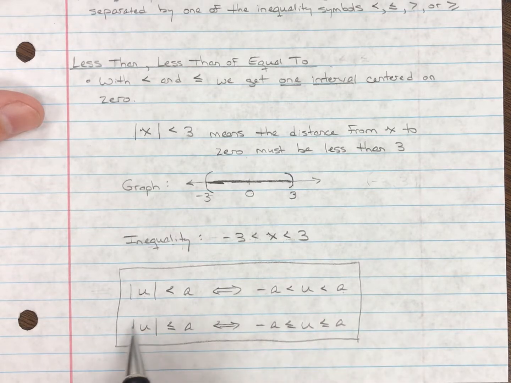And you do this very similarly when you say the absolute value of the x expression is less than or equal to a. This translates to the inequality that the algebraic expression, in this case represented by u, is between negative a and a, but also equal to. We have to include the endpoints in this case.